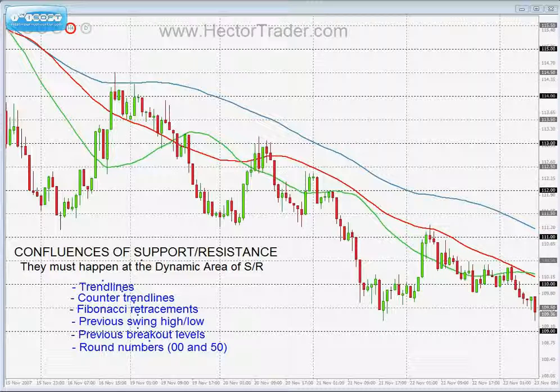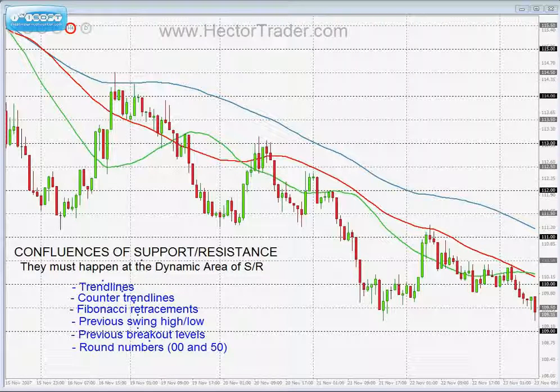In this video I'm going to be talking about confluences of support and resistance. The definition of a confluence is different elements of support and resistance coming together within a few pips of each other.